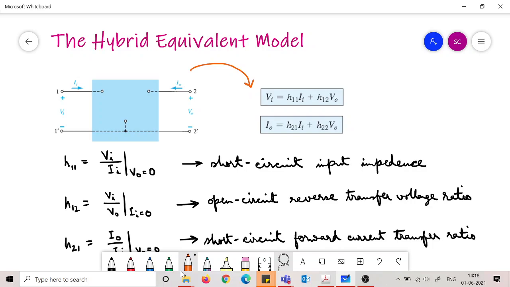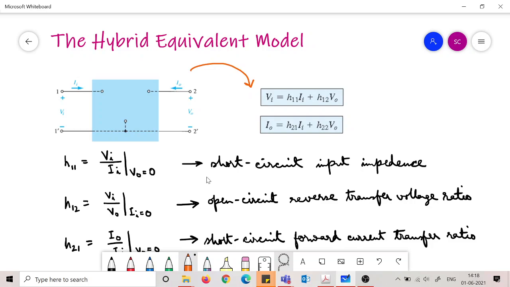H11 is Vi by Ii given V0 equal to 0, and V0 equal to 0 means the output is short circuited. So this is short circuit input impedance. V by I is an impedance, but this impedance is in the input side in the condition that the output is short circuited.